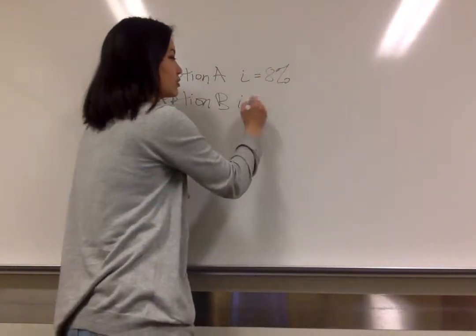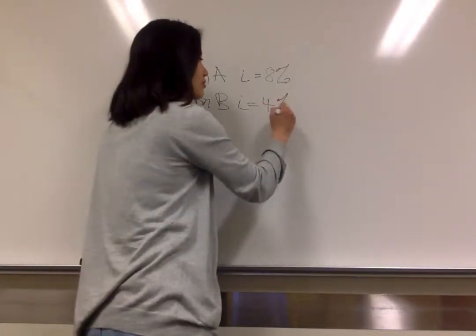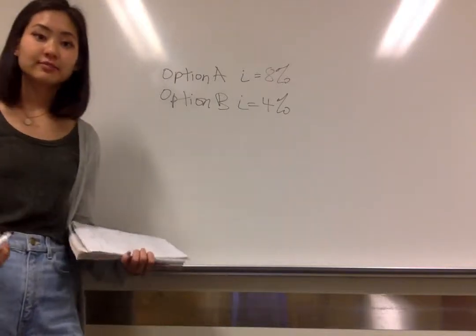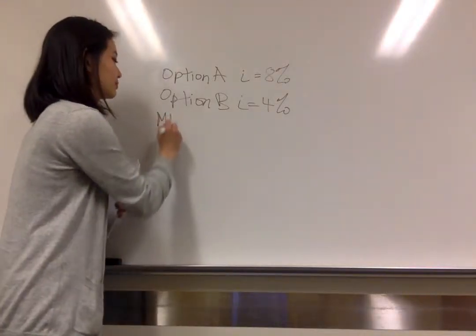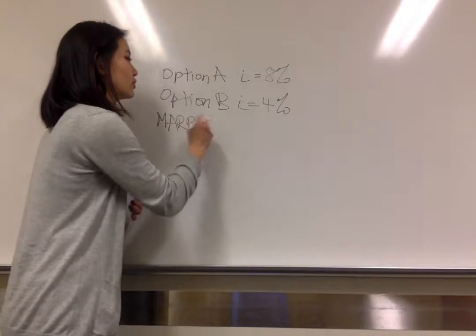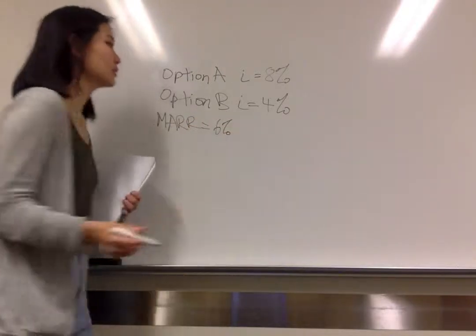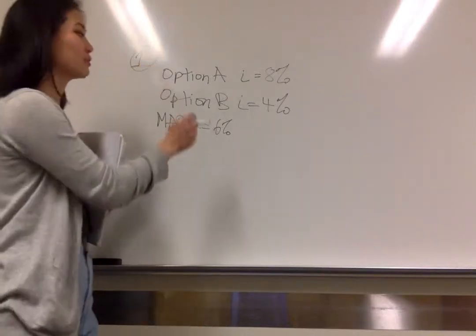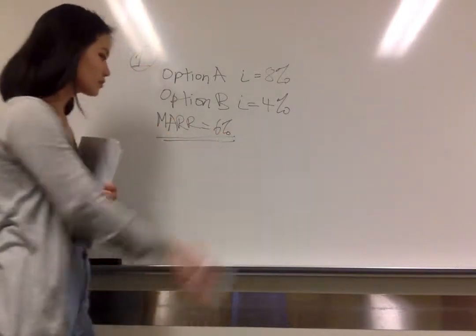And then I equals 4% for B. And the minimum acceptable rate of return is actually equal to 6%.